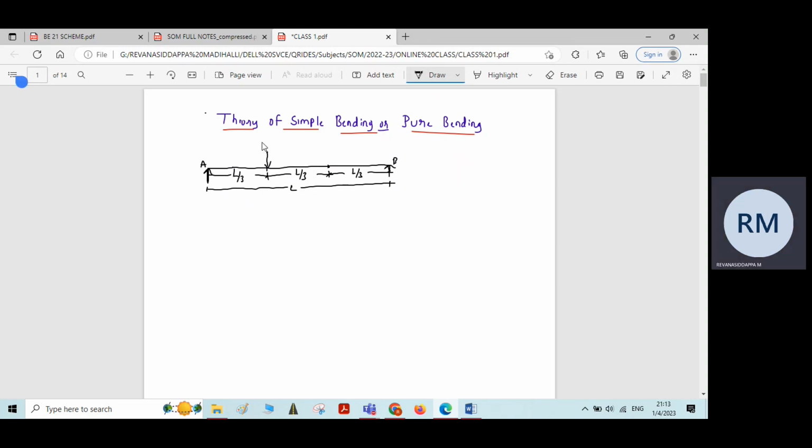Here I'll apply a force of W by 2, and at this point also I'll apply the same force W by 2. Let me consider these points as point C and point D. Now for this beam we will develop shear force and the bending moment diagram.